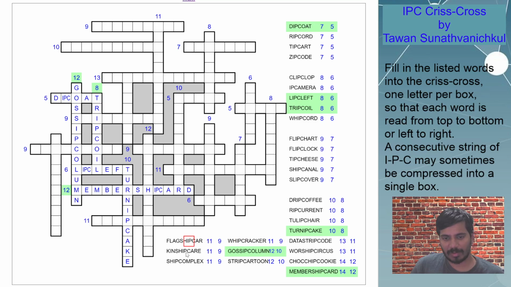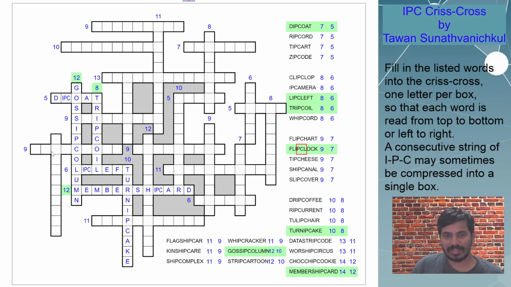Flagship car not possible, this is not possible, and this is not possible. So among these 5 remaining, I can see there's O only in 2 of them, which is flip clock and slip cover. But I can see that I need at least one space between C and O, so it can't be slip cover, so it is flip clock.